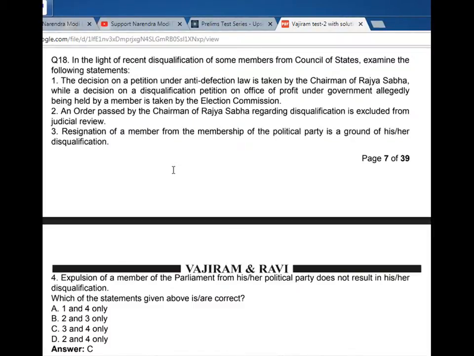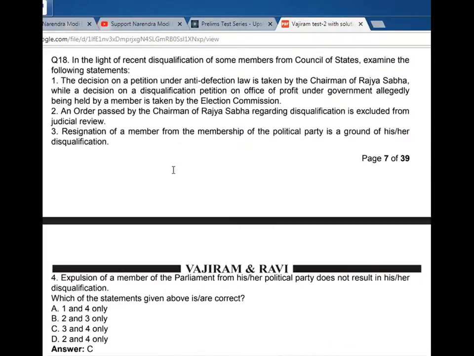So 3: resignation of a member from the membership of the political party is a ground for his disqualification.